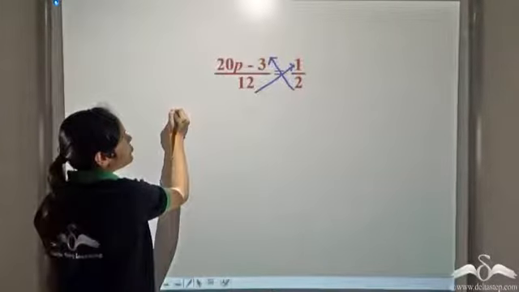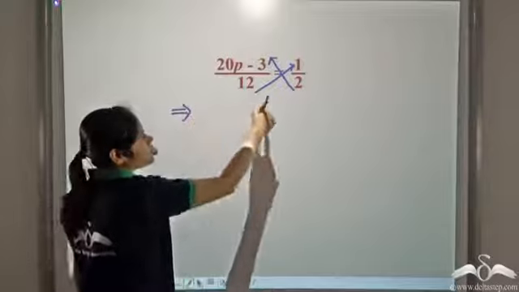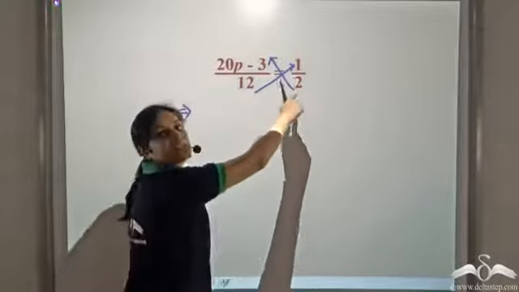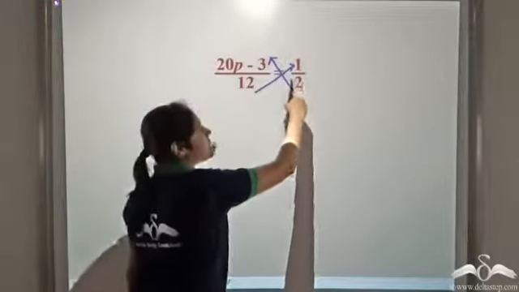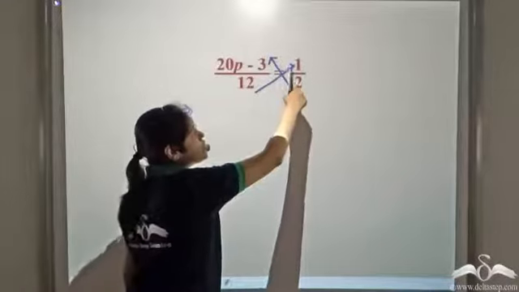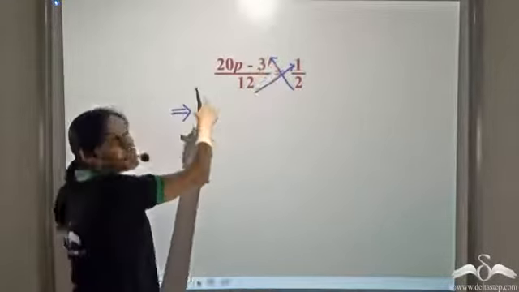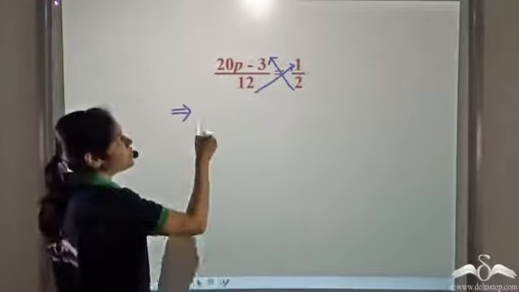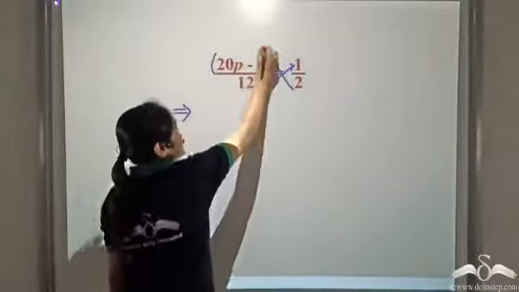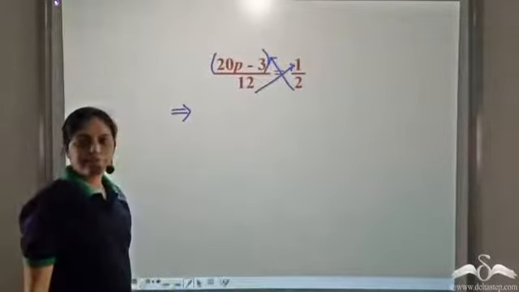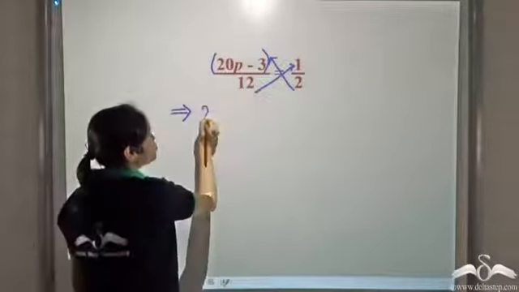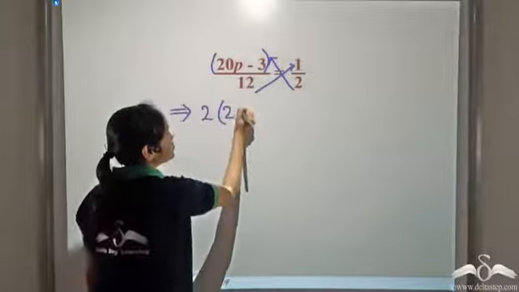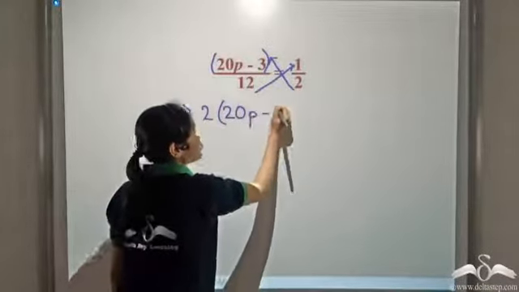So let us cross multiply this. So this 2 is in the right hand side. It is in the denominator. So we can take it in the numerator of the left hand side and multiply it with the numerator. This entire thing is the numerator of the left hand side. So 2 will be multiplied with 20p minus 3.